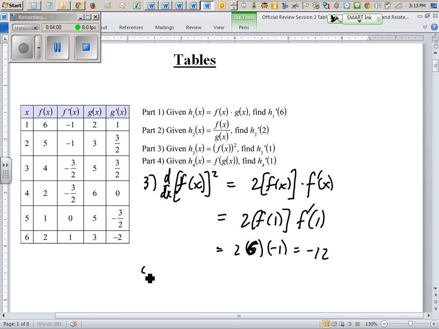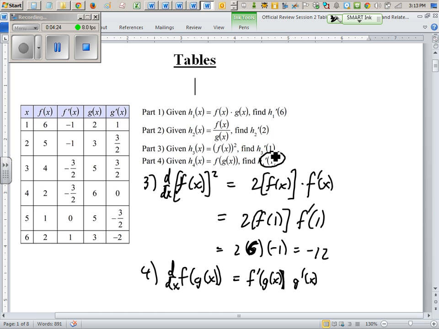Okay. Number 4. Now we have f with g plugged in. And we're doing the derivative. So this is sort of an inner function, outer function sort of thing. We do outer function first. So you want to help me with that one, Francie? Can you do the f prime of g of x times g prime of x? Yeah. And then just check we're doing at 1. So just plug in 1. F prime at g of 1 times g prime at 1.